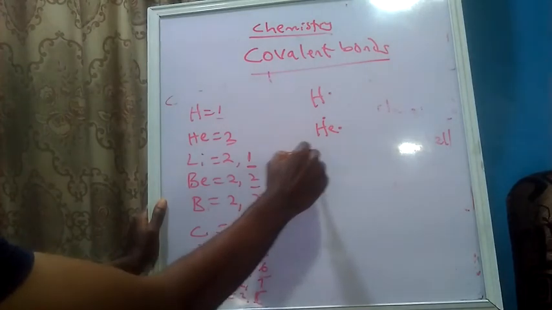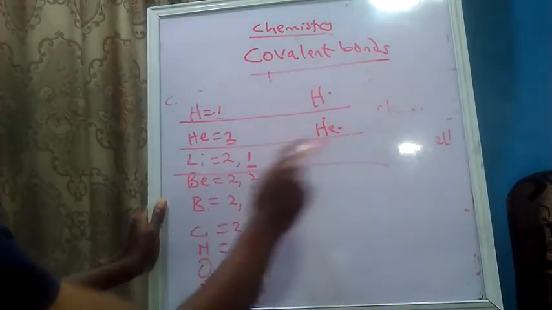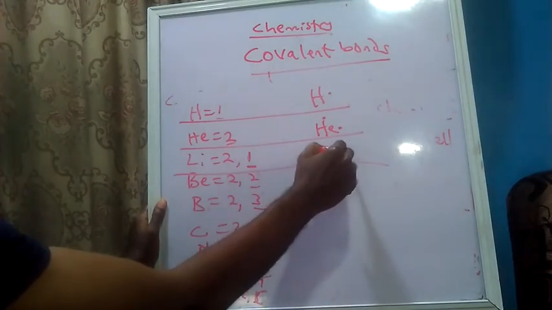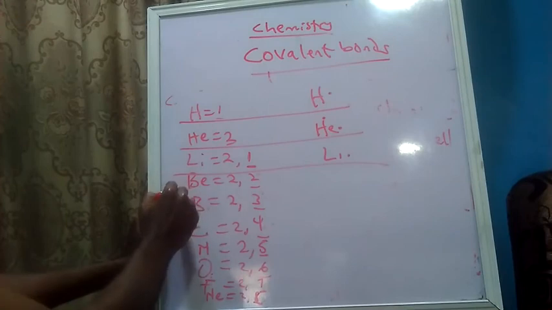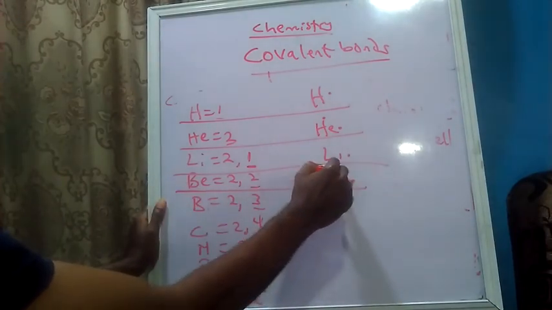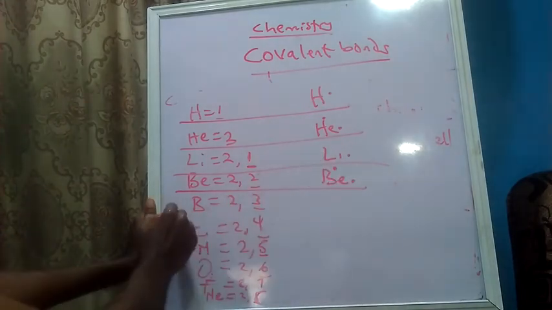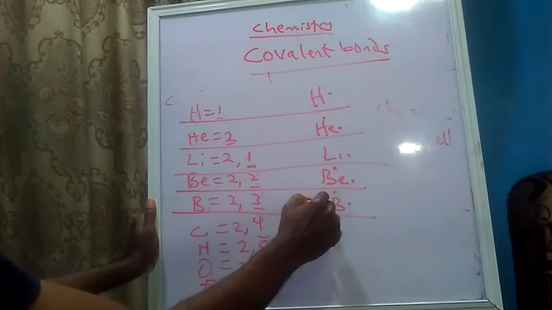For lithium, it has 1 outer shell electron, so I will be writing just 1 dot on the right hand side. For beryllium, it is 2 outer shell electrons, meaning I'm taking 1 up and 1 right. And for boron, it is 1 right, 1 up, 1 left.